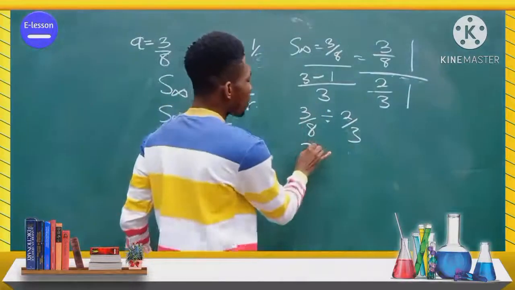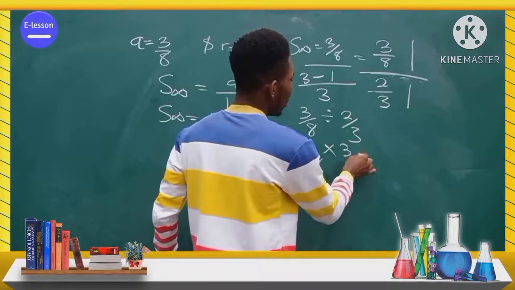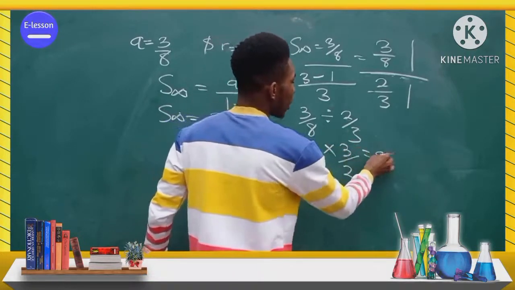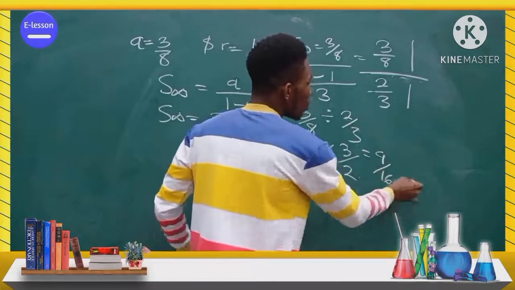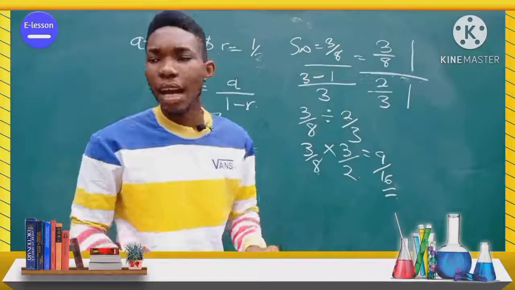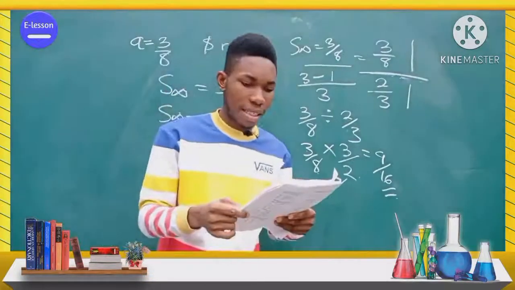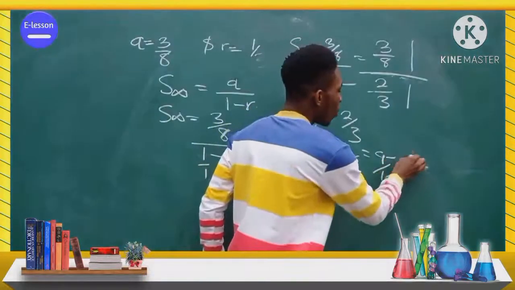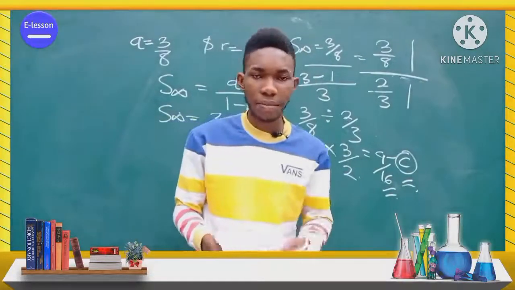So this becomes 3/8 times 3 over 2. 3 times 3 is 9, 8 times 2 is 16. So the final answer to this question is 9/16, and that is option C of the NECO question number 4. Option C is the correct answer.